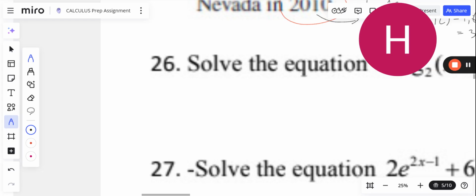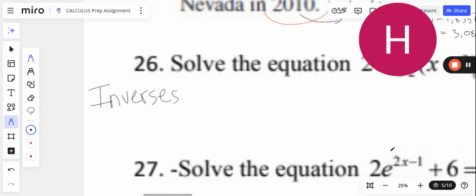So we're going to take advantage of the fact that inverses undo each other. An exponential is when you have a variable in the exponent. A logarithm does the opposite of that. It takes an exponent and turns it into a regular number.